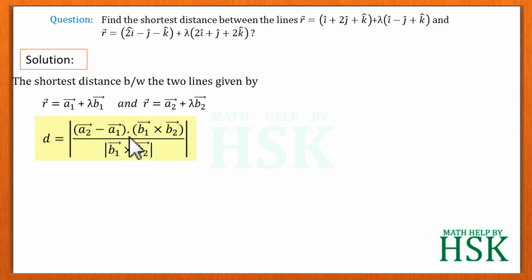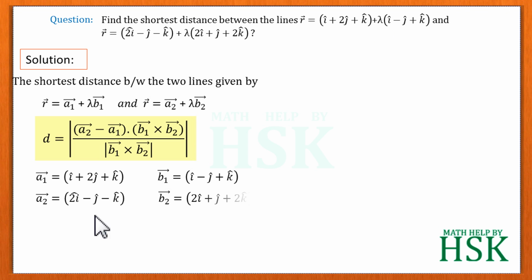First, we are going to calculate the values of a1, b1 and a2, b2. From the first equation of line, a1 = i + 2j + k and b1 = i − j + k. Similarly, a2 = 2i − j − k and b2 = 2i + j + 2k.